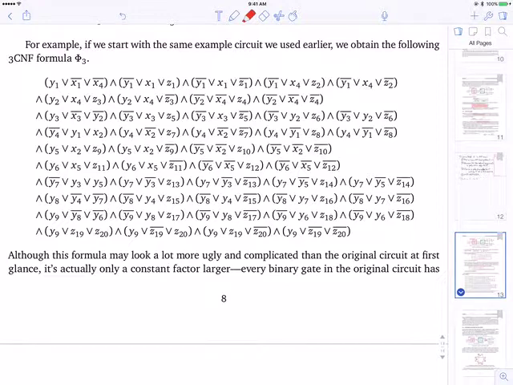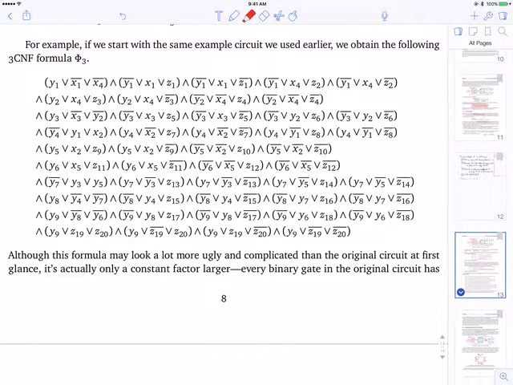So this incredibly ugly-looking formula is in fact only, in general, about 20 times as big as an explicit description of the circuit that I started with. I'm not growing things exponentially, I'm only growing things by a constant factor.